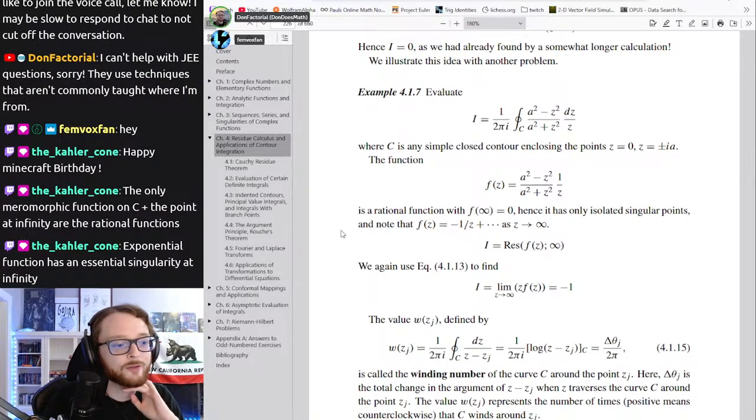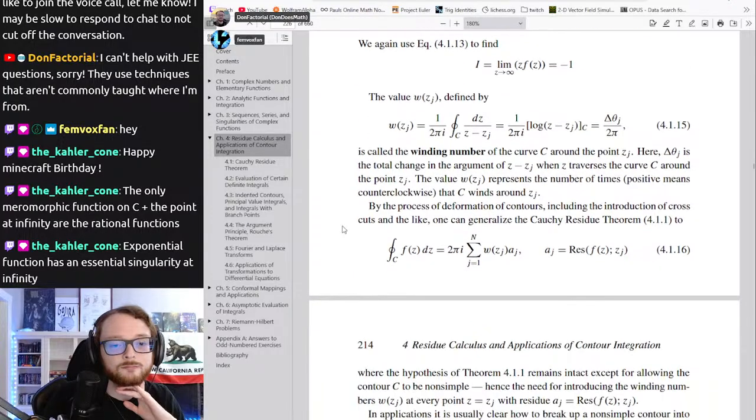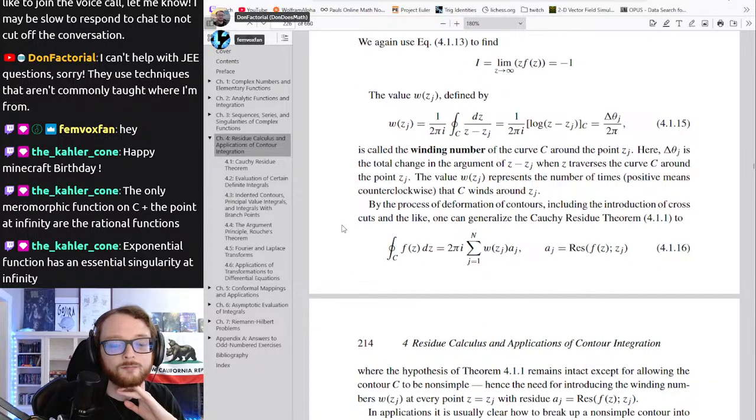Exponential function has an essential singularity at infinity. Okay.